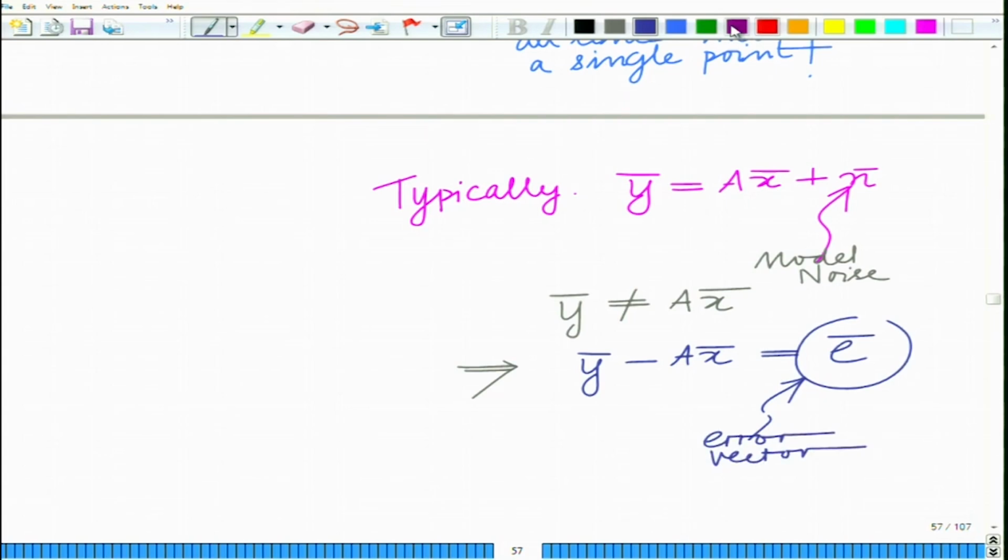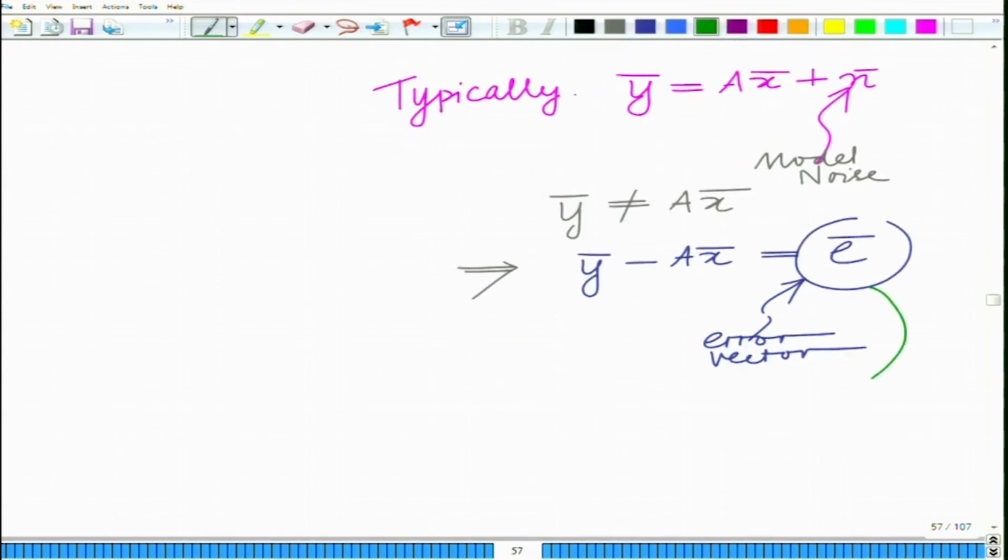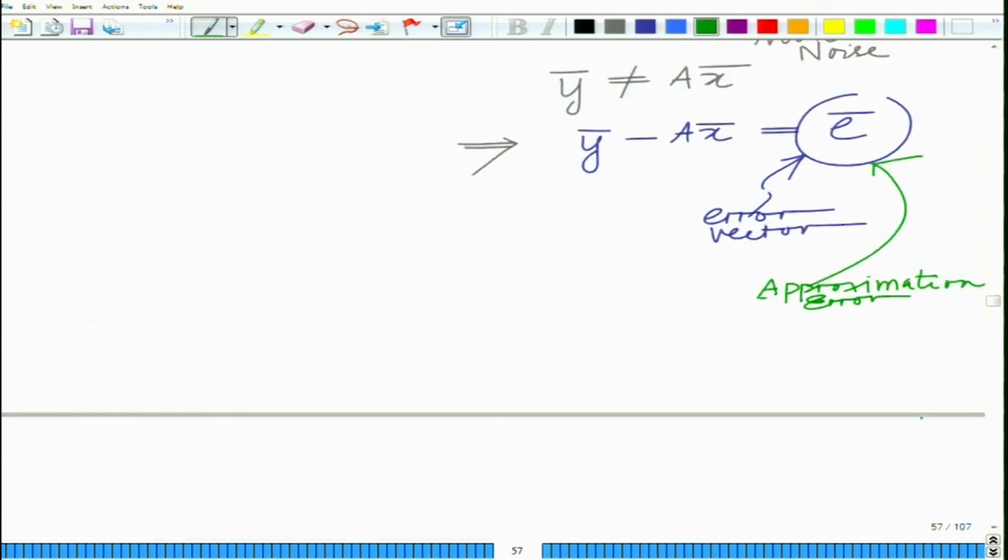So you can also call this the error vector, which is the approximation error. To find the best x bar, that is which best explains y bar, what you do is minimize the approximation error.